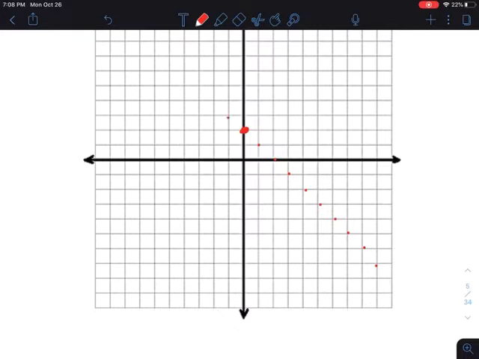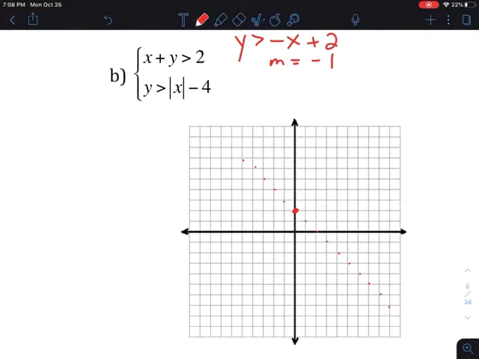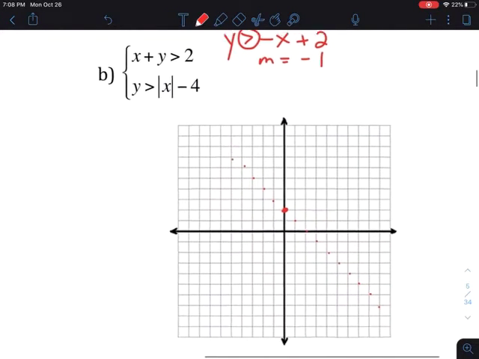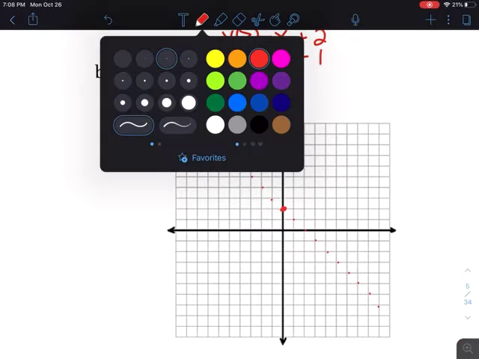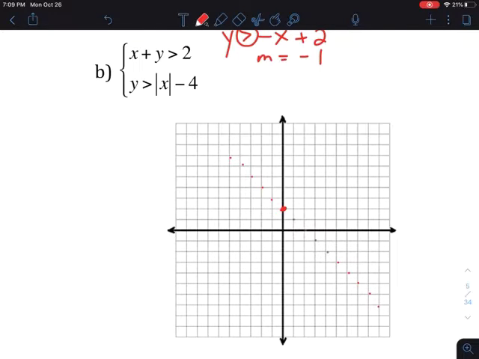Remember, I like lots of dots to make my line more accurate. I know it's tedious, but come on, it's only a few extra seconds. And then my sign is greater than, so that means I need to draw a dashed line. That is horrible.